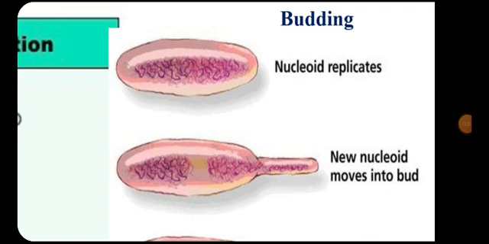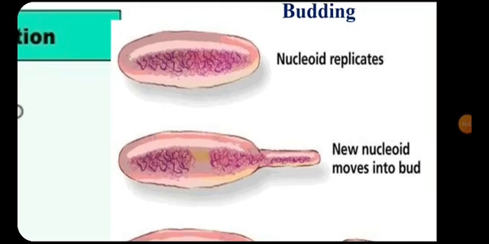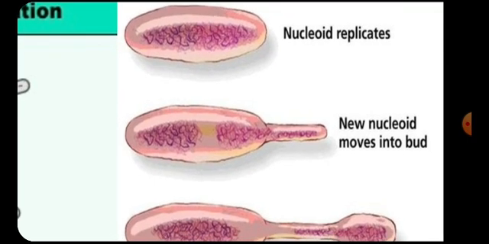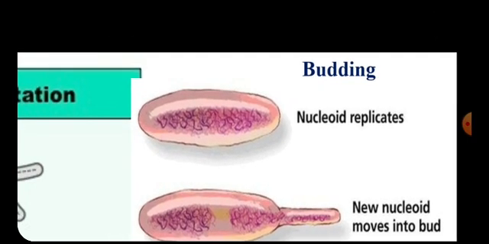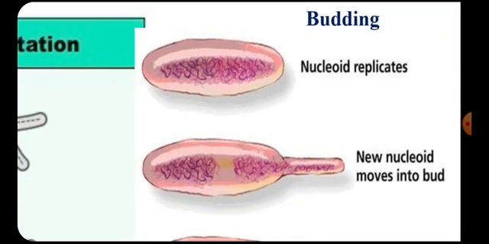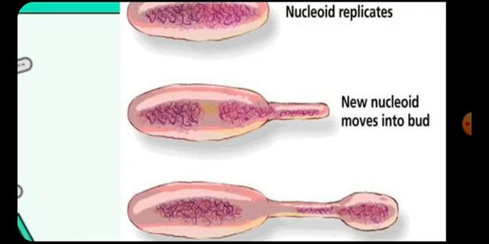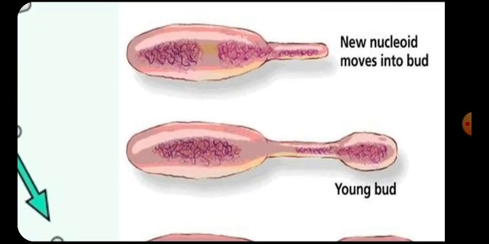This is generally seen in yeast, but in some bacteria this mechanism is also seen. The first step is that the nuclear material is duplicated, then it moves towards one end, and that end is a growing end which is called a bud. This bud then enlarges as biosynthesis progresses.